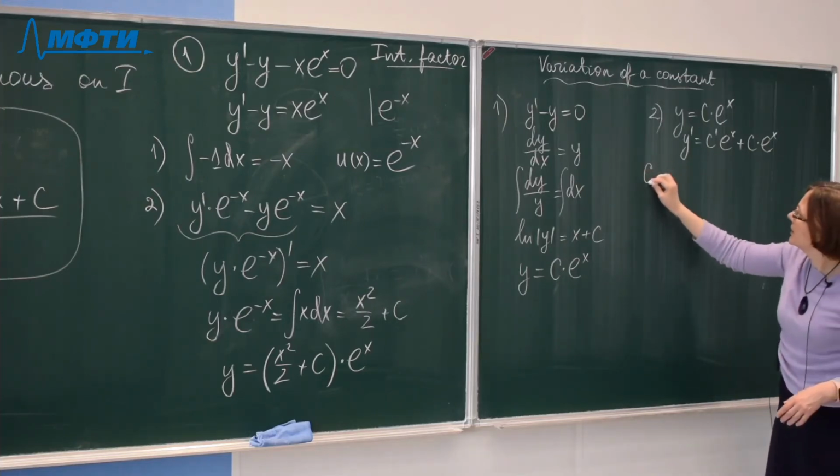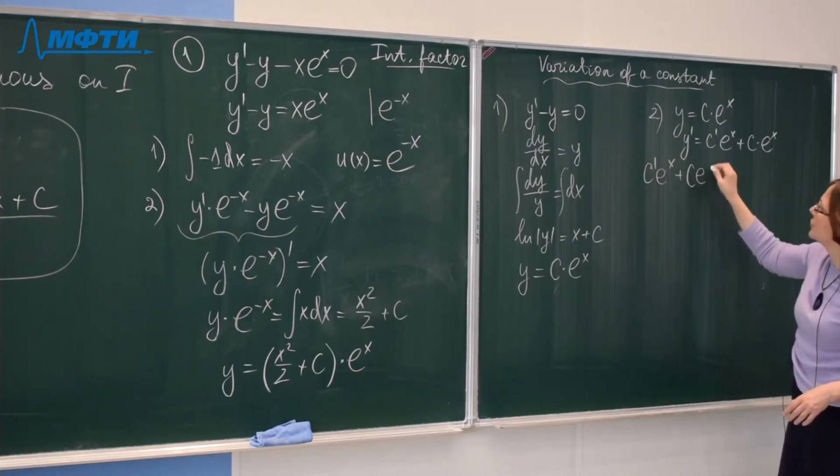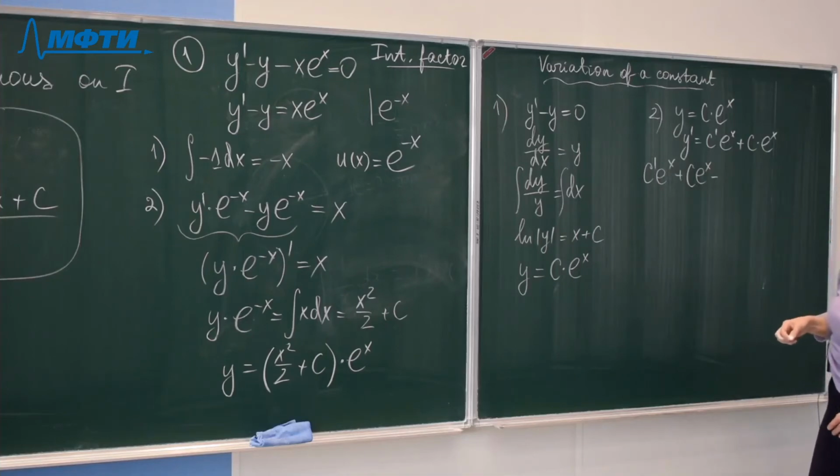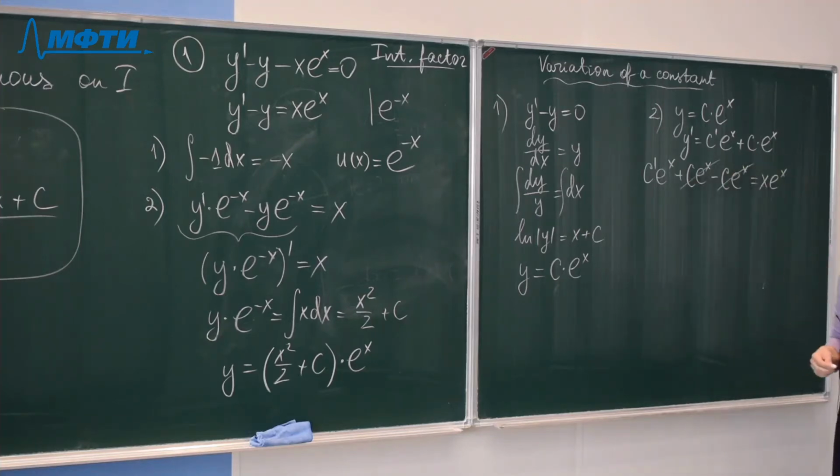And this will give us c prime e to x plus c e to x minus c e to x equals x e to x. Then we can cancel out similar terms, the same terms.